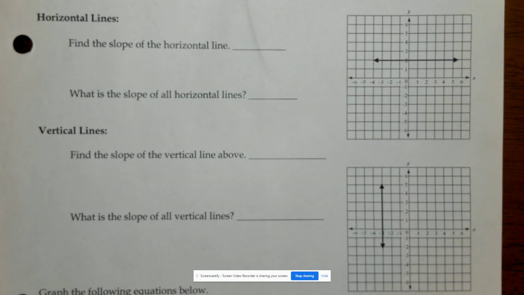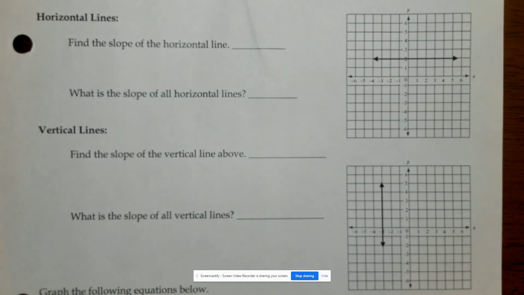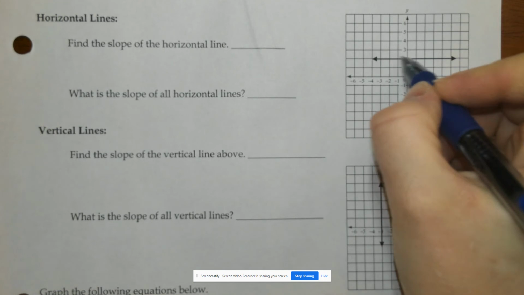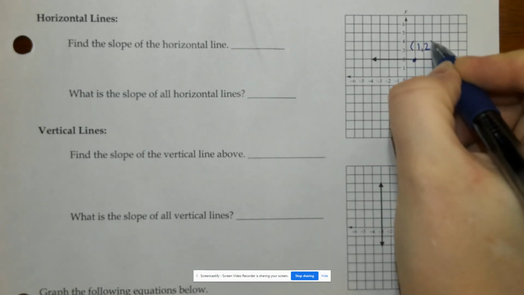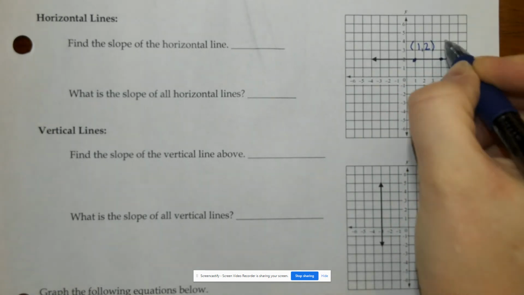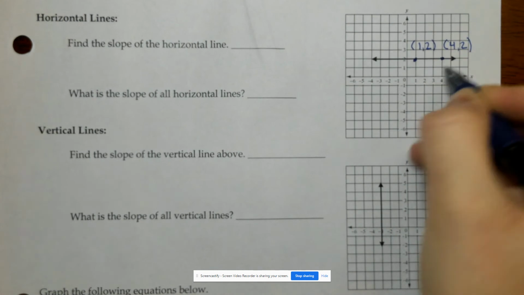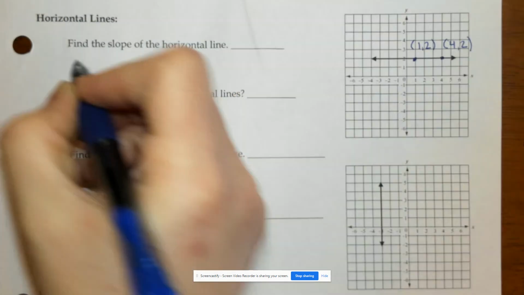So we can use our slope formula to prove what these answers are because they're the same no matter what horizontal line you're looking at. If I pick 2 good points, so let's say I pick (1, 2) and (4, 2), now I have 2 points that are on the line.